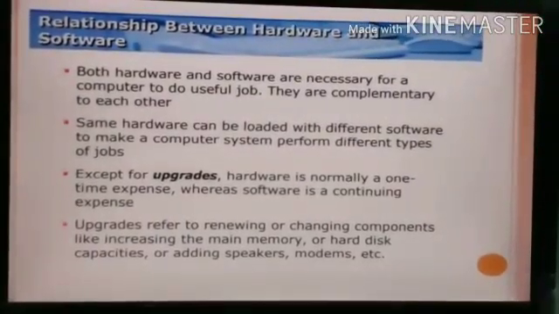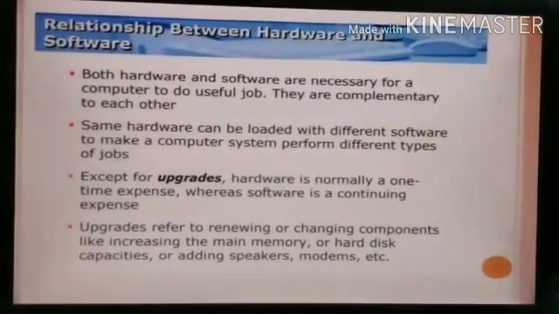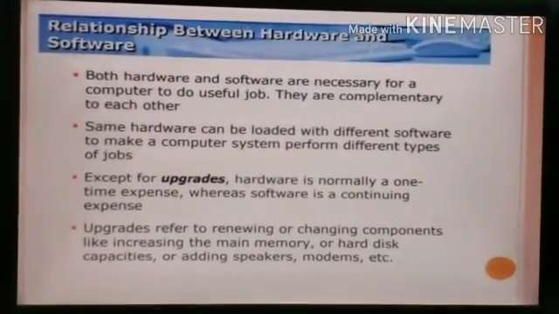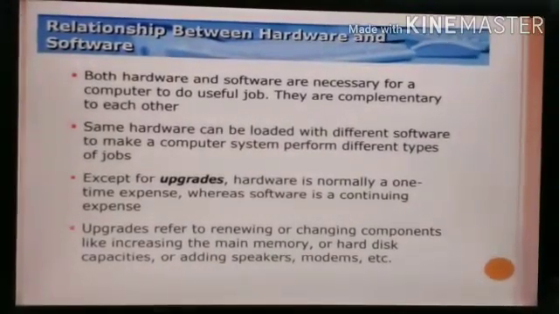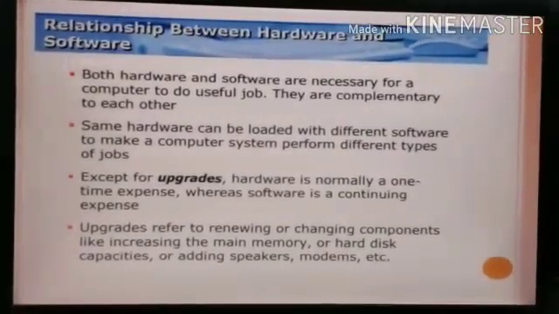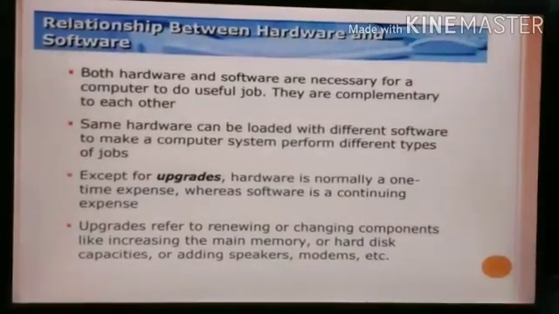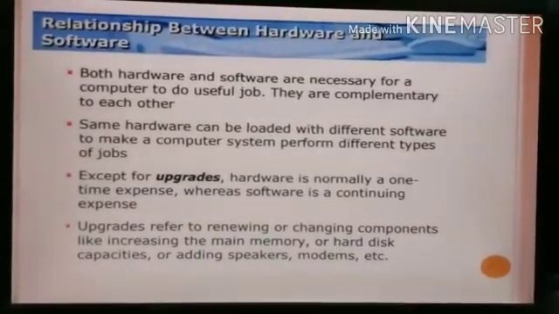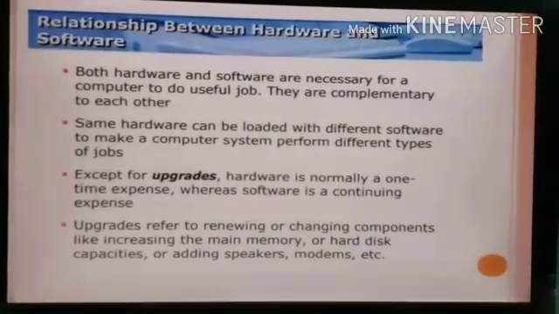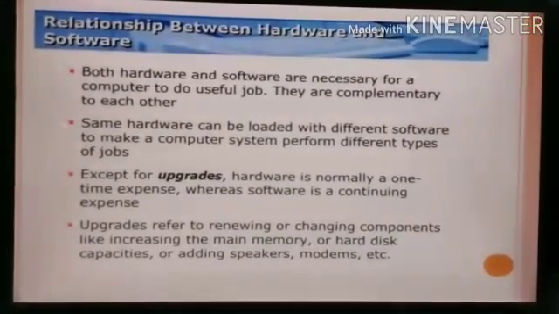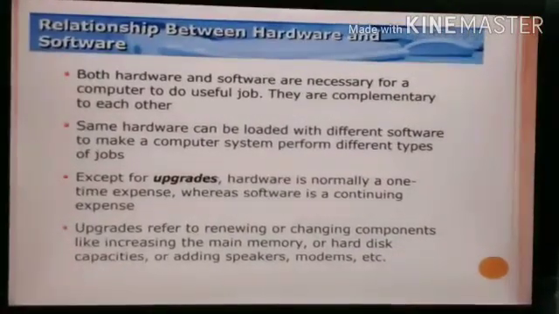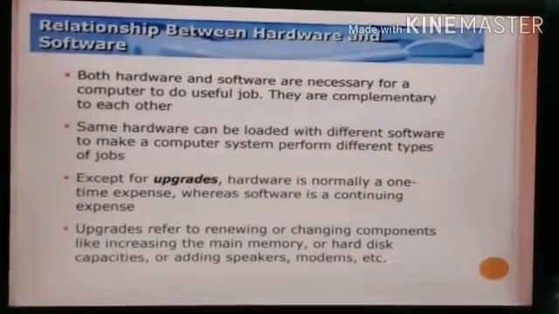For example, we can install any type of antivirus in our computer system, but day to day we get many updates of that antivirus, so our computer system gets more and more security.